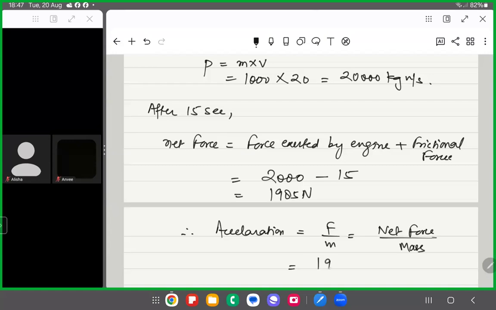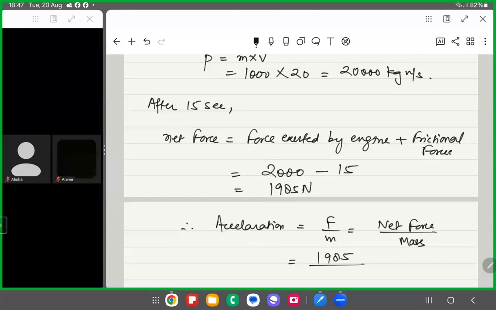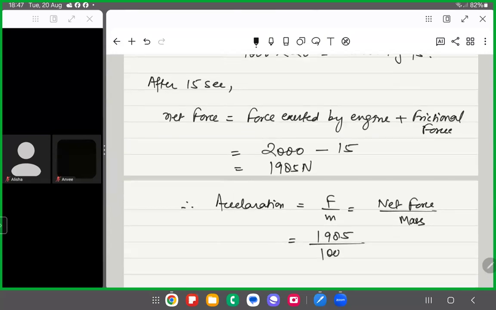So from here we can find the acceleration: 1985 divided by 1000. Getting it? Okay. So this will be 1.985 meter per second square, or approximately 2 meter per second square. Is that clear?